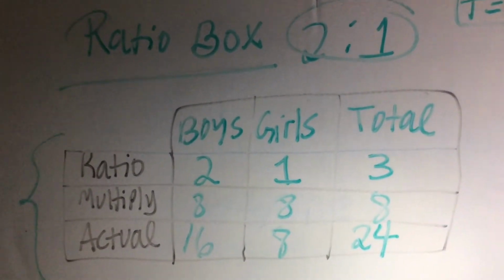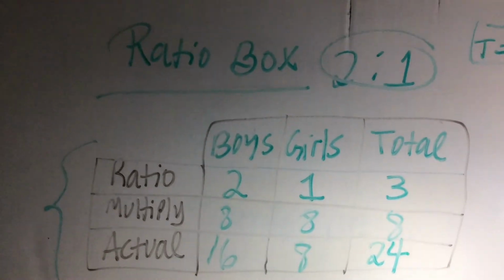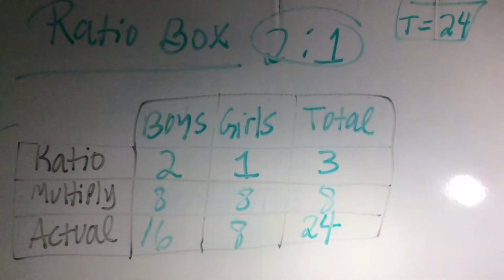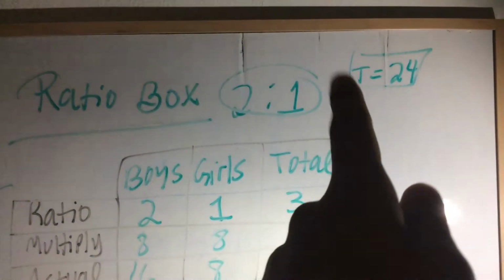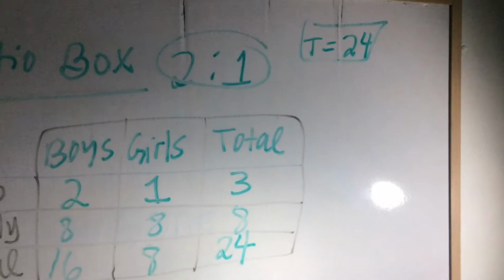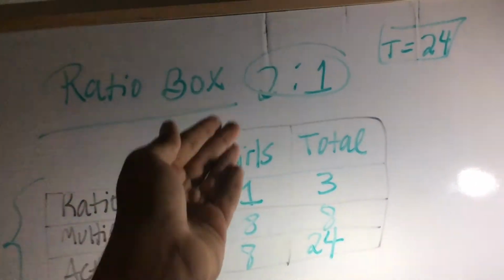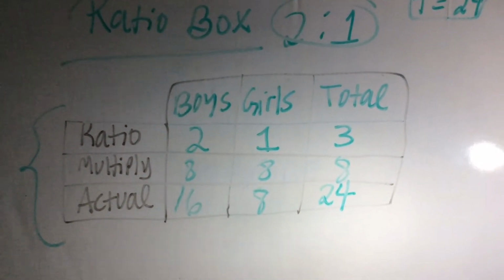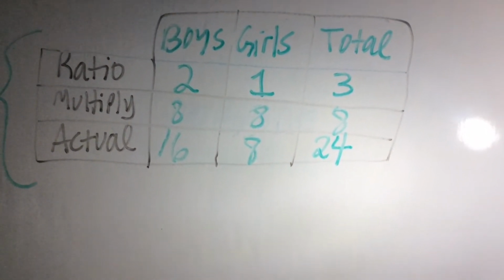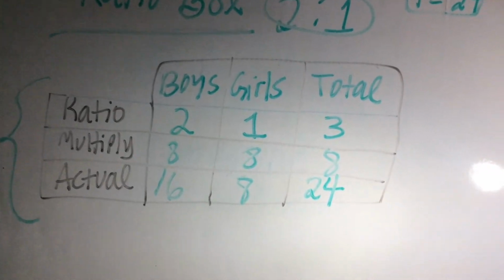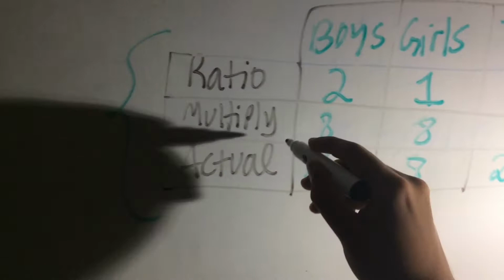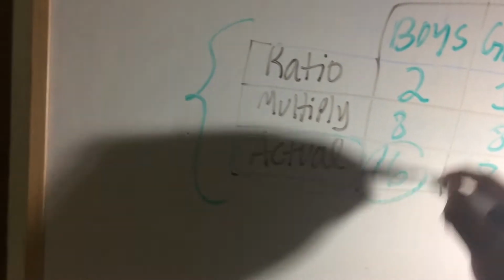So my question is, how many boys and how many girls are in the classroom if the ratio is 2 to 1 and the total is 24? The ratio of boys to girls is 2 to 1, and the total is 24. Find the exact number of boys and girls. The number of boys and girls is going to be your actual number. So 16 boys and 8 girls.